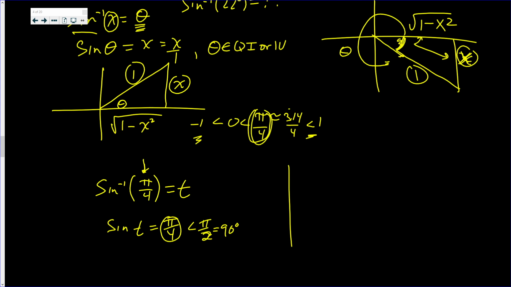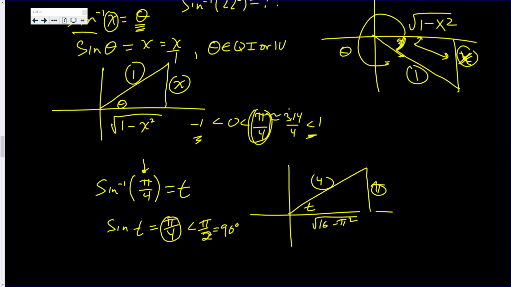We are in quadrant 1. And all I can tell you about t is that it generates this triangle. That's all I can tell you about t.